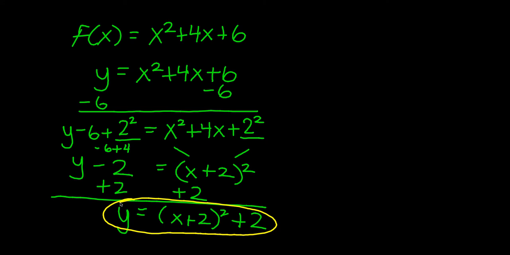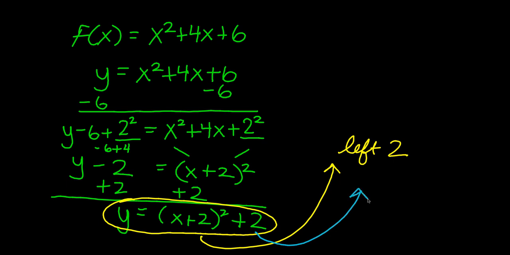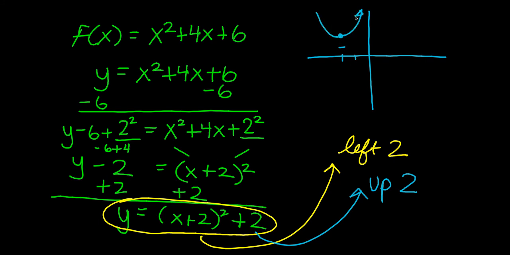The plus 2 inside the parentheses is going to be responsible for left by 2. And the plus 2 outside of the parentheses is going to be responsible for up by 2. Well, what does that mean? It means if I sketch my graph, instead of starting at the origin, it's now going to start 2 units to the left and 2 units higher up. And my graph is going to look something like that.